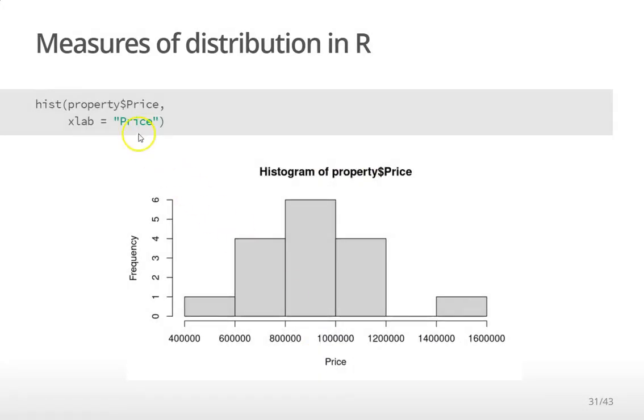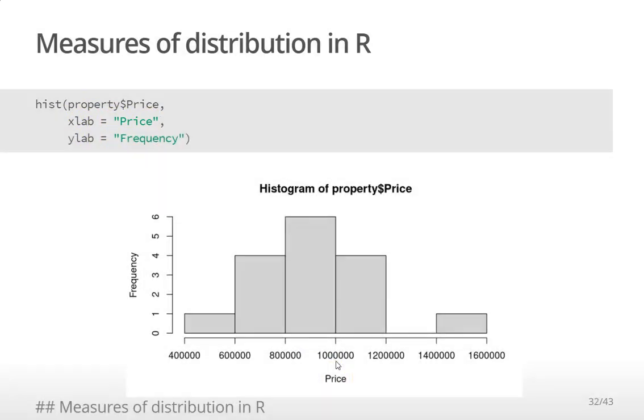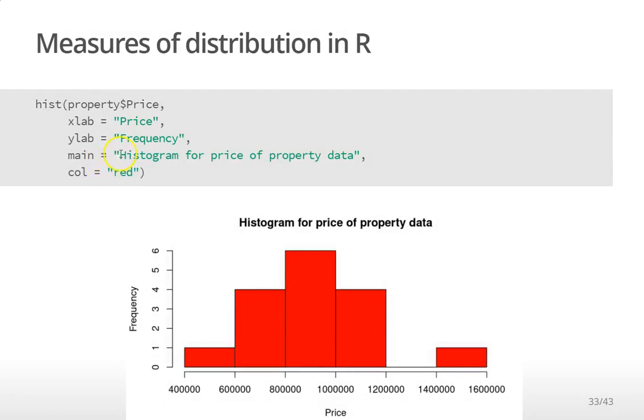Step 1, I'm saying xlab should be changed to price, and you see it is changed to price. The ylab was good, but still I'm writing it. Maybe we want to exercise a bit more. Then I can change the main title to histogram for price of property data, which is an informative title.